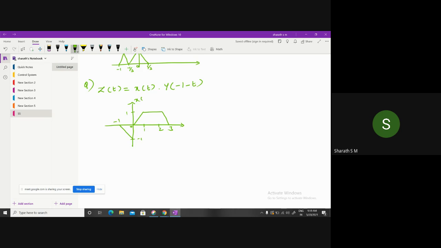So this is x of t. The same way, write down y of t also.